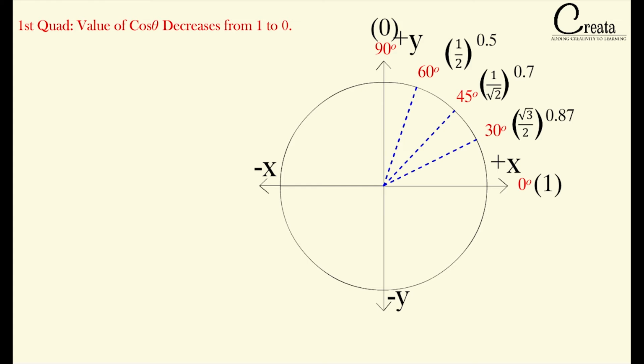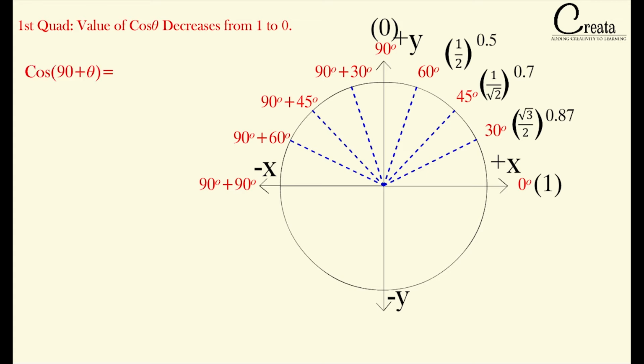Okay, let's move to the second quadrant. The applicable angles will be 120 degree, 135 degree, 150 degree and 180 degree. We can write these angles as 90 plus 30, 90 plus 45, 90 plus 60 and 90 plus 90. Let's find the value of cos of these angles. The applicable formula will be cos of 90 plus theta.